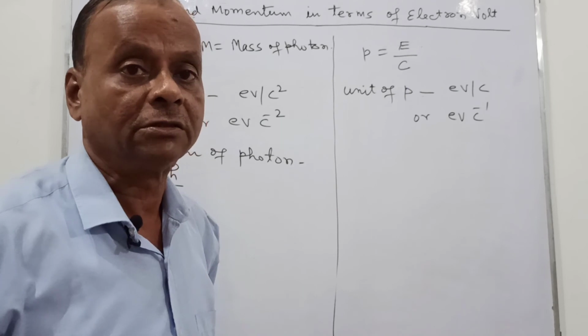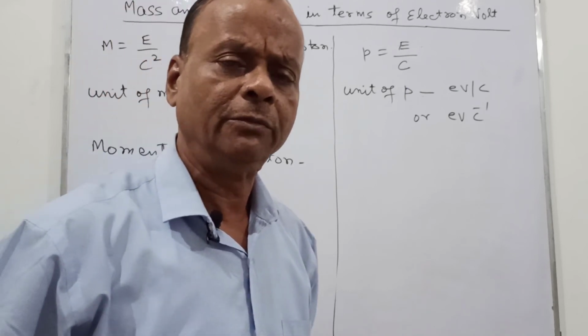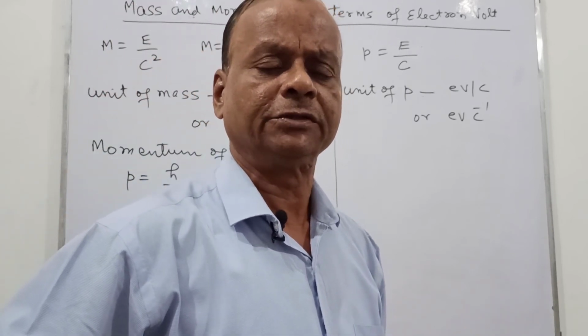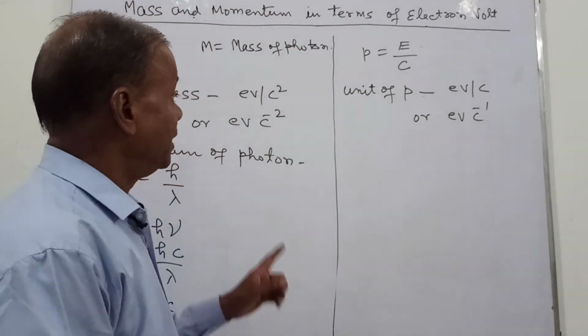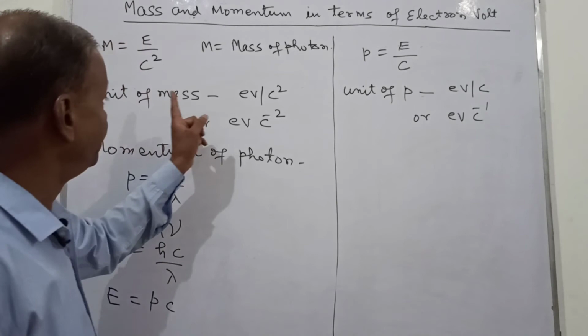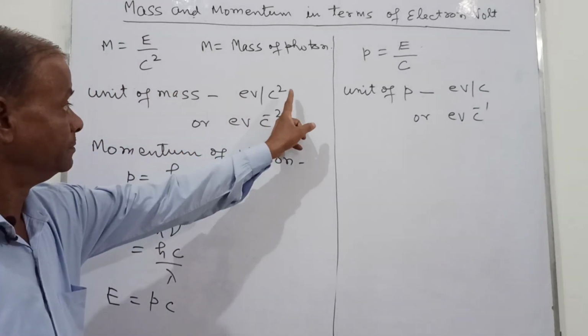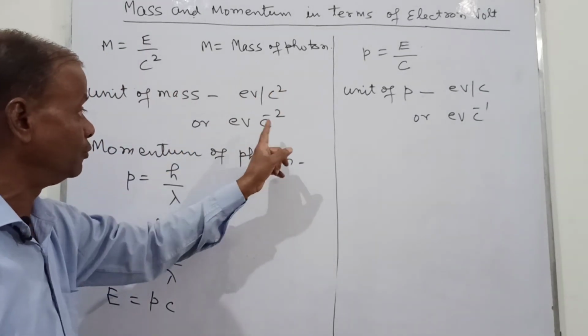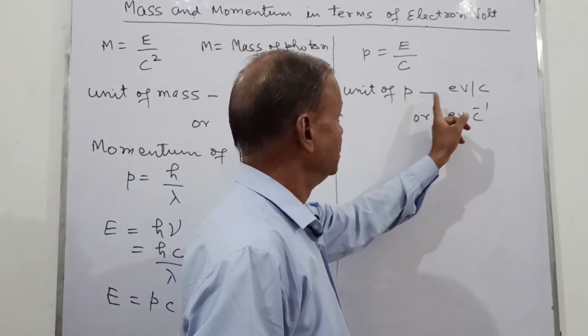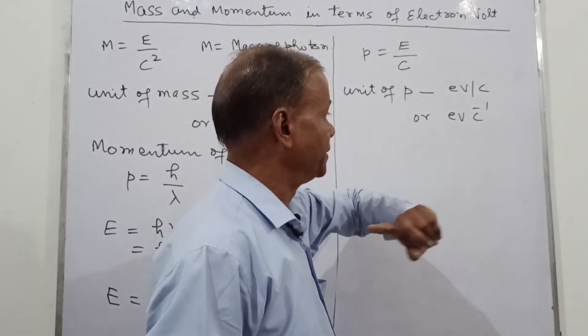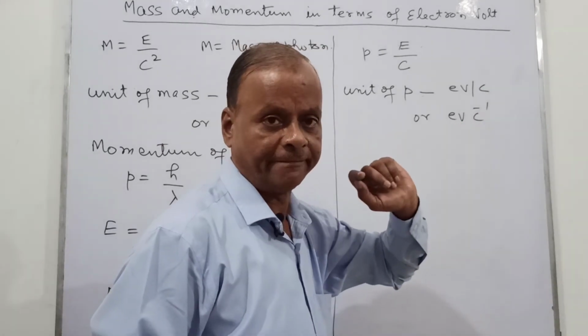So this is what I have to tell you, because in many of the questions this is not clear. So I have told you that the unit of mass is electron volt per c square, or electron volt c minus 2, and p is electron volt per c, or electron volt c minus 1.